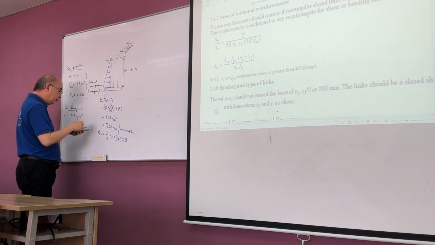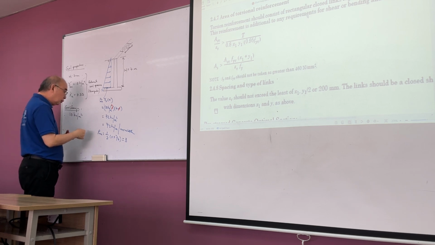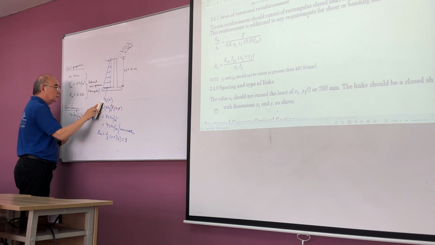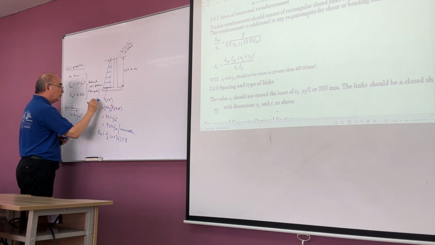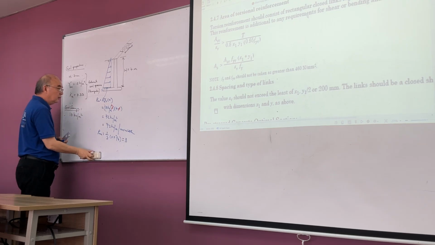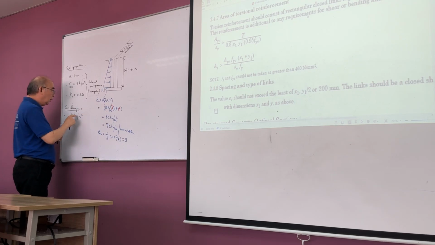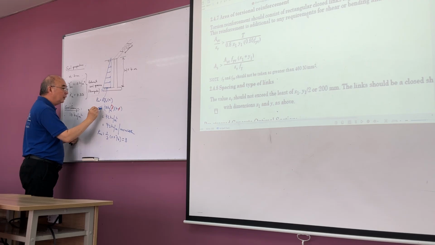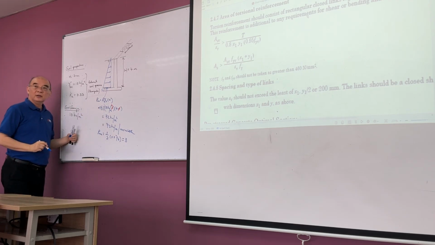The other thing is I forgot the Ka. Ka here is 0.33, right? Actually 0.33 is roughly 1/3. Right?